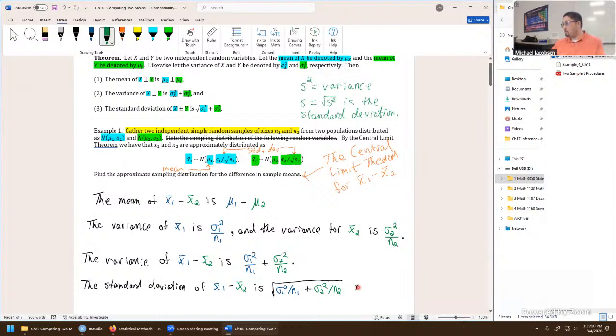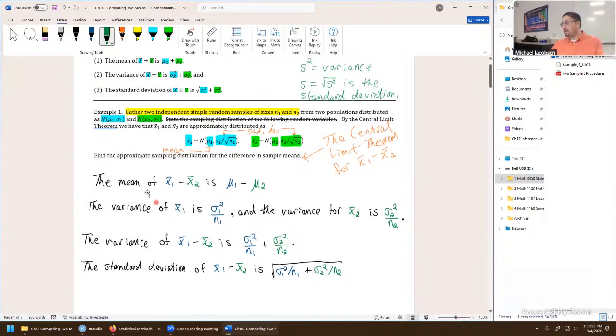So that's where this formula finally comes from. When it says find the approximate sampling distribution for the difference in sample means, we have all the parts we need. We needed the center, the mean, mu1 minus mu2, but you also wanted the standard deviation, the variability in it, and it's this entire structure.